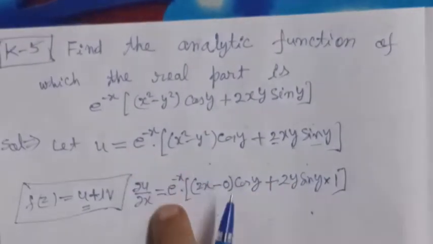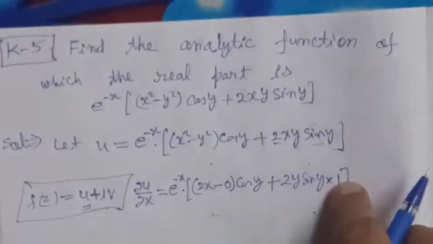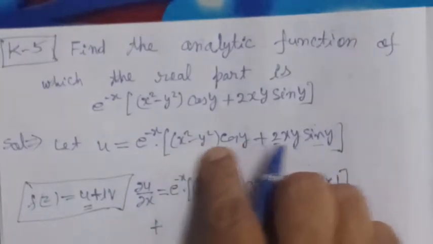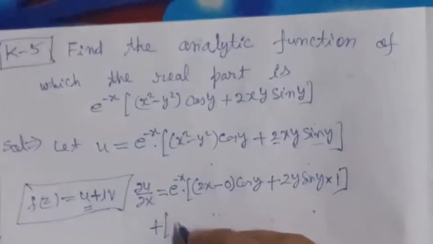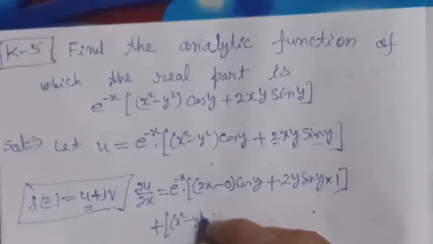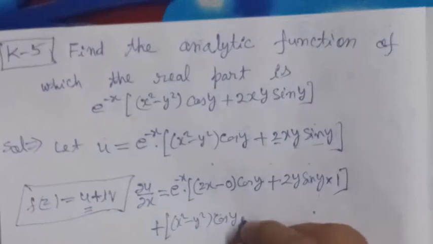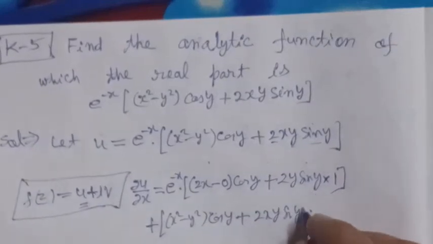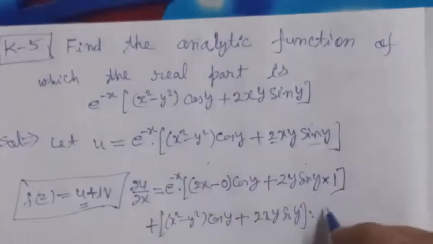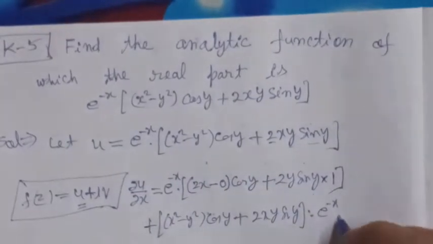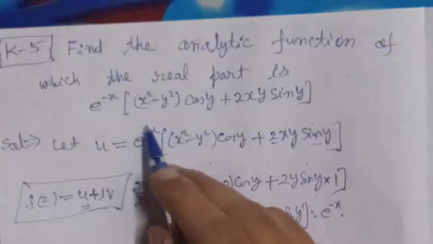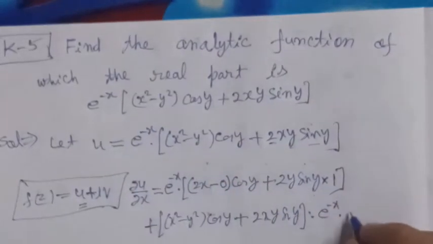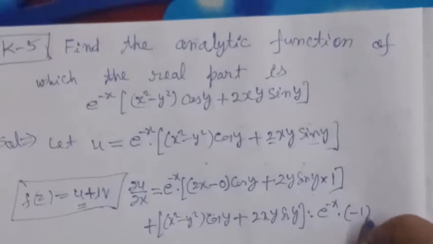First function as it is, differentiation of second, plus second function as it is, (x square minus y square) cos y plus 2xy sin y, differentiation of first, which is e to the power minus x, but it is not x, so differentiation of minus x with respect to x we get minus 1.